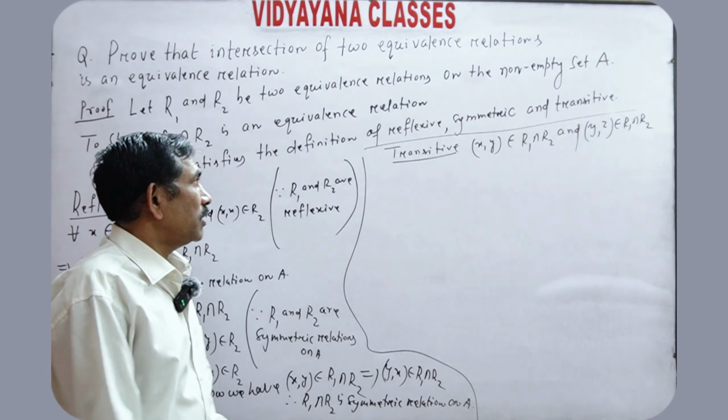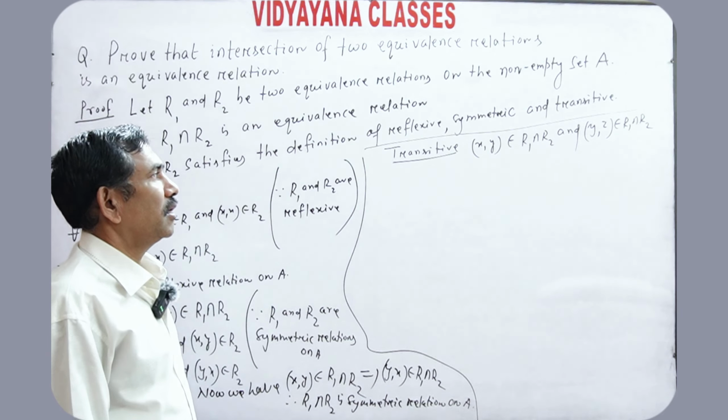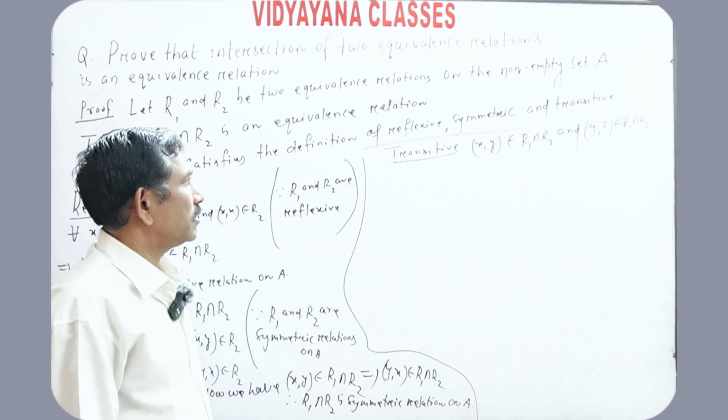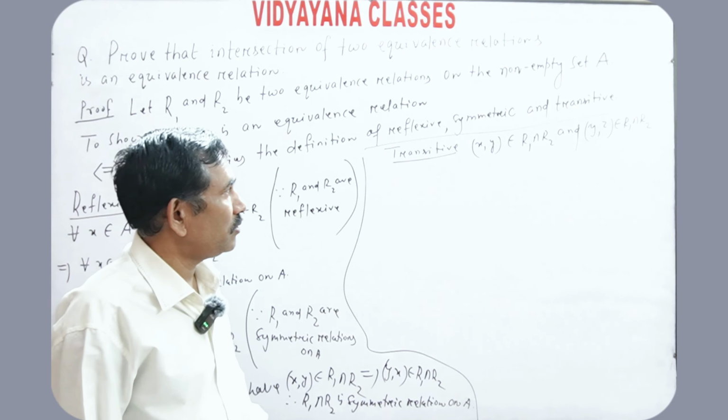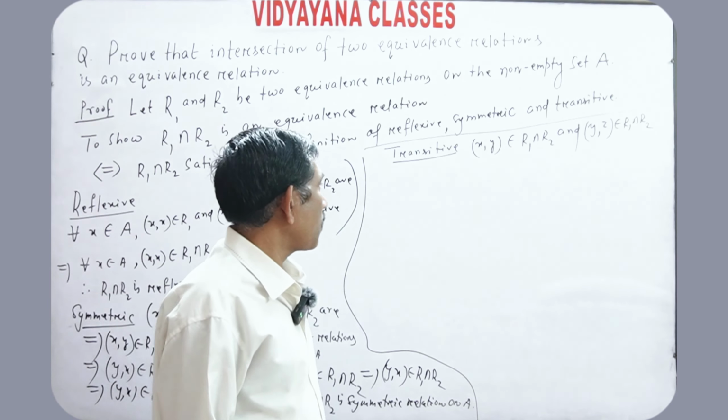We have to show (x,z) belongs to R1 intersection R2, so that the relation R1 intersection R2 is transitive.